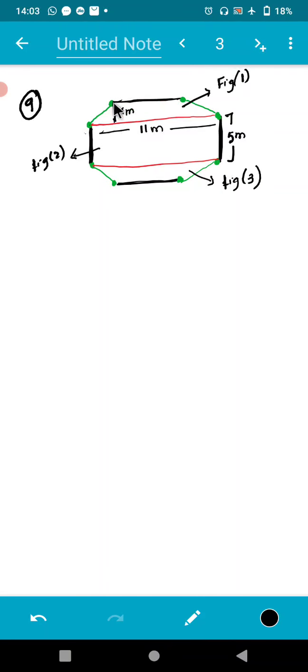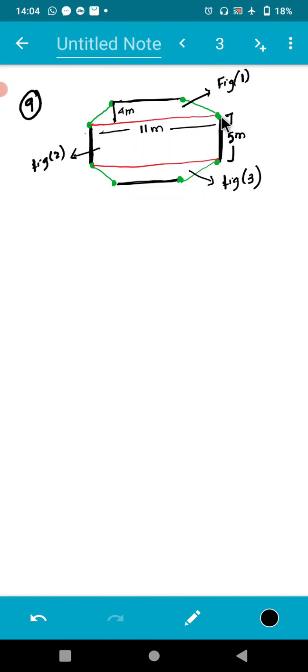Now, as you see, figure number 1 is of trapezium shape, isn't it? So, in a trapezium, what are we supposed to know? We are supposed to know the parallel sides, isn't it? So, if you concentrate on this particular figure, since this is a regular octagon, all the sides would be equal to 5 meter.